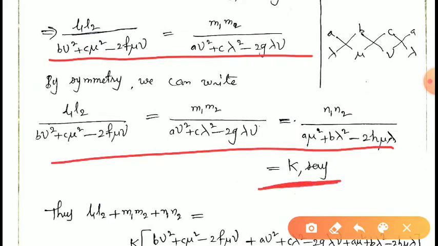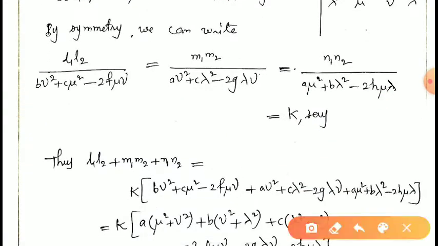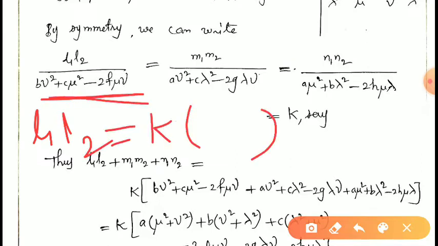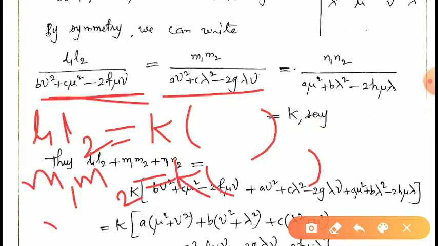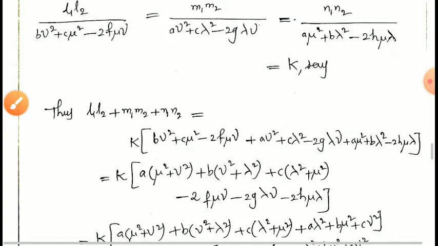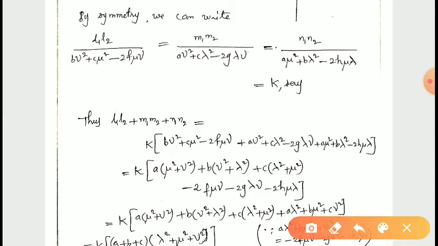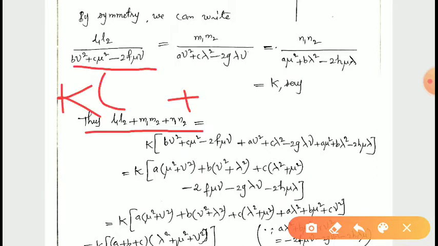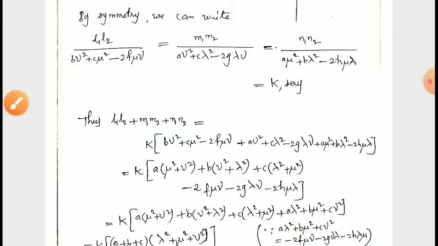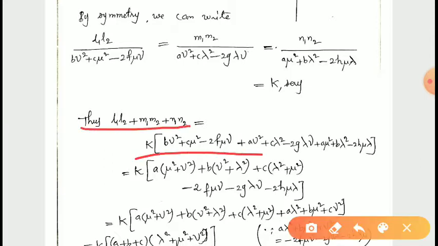Suppose this equality is equal to k, then we will have L1 L2 is equal to k into this term, M1 M2 is equal to k into this term, and N1 N2 is equal to k into this term. Therefore L1 L2 plus M1 M2 plus N1 N2 is equal to k into the addition of these three terms.